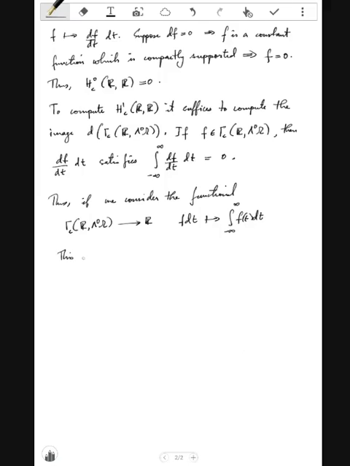So thus, if we consider the functional from gamma compactly supported to R, which is given by f dt maps to the integral of f dt. This is surjective, that is clear.